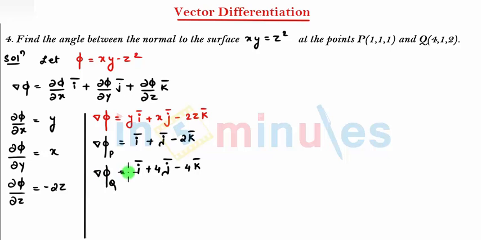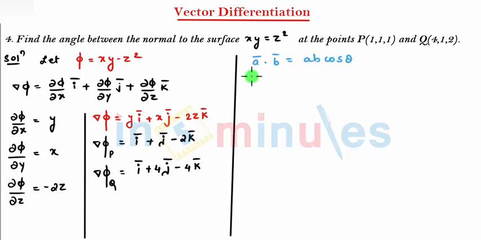Now these are nothing but the normals at these points. Students, whenever I need to find the angle between two vectors, a bar dot b bar is equal to ab cos theta. Therefore cos theta is equal to a bar dot b bar divided by ab.